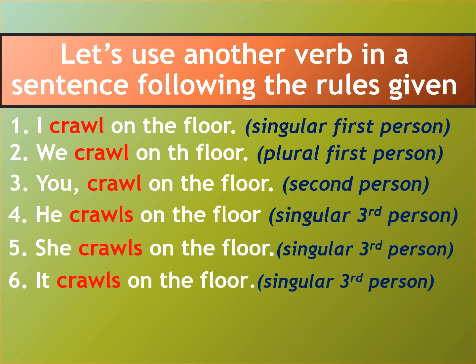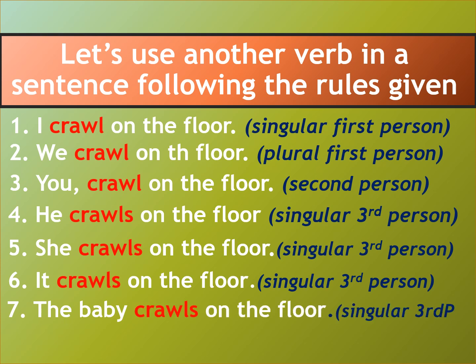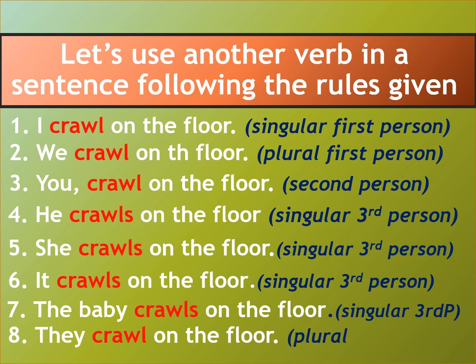So the verb crawls has an S. Number 7, the baby crawls on the floor. It is still singular third person. The last one is they crawl on the floor, which is plural third person. So that's it.